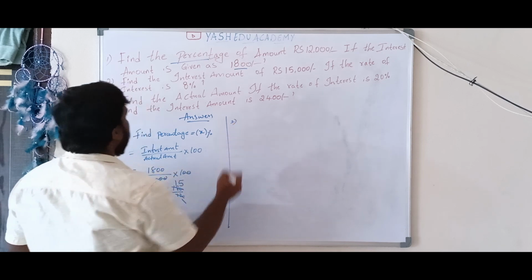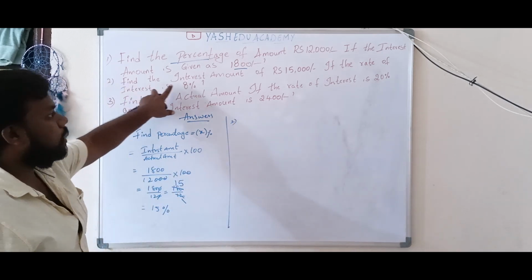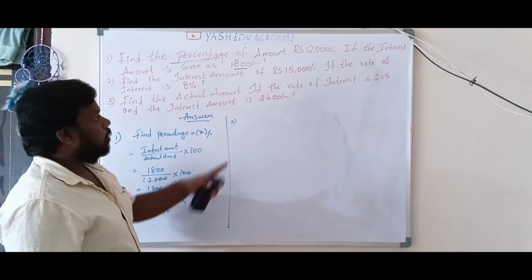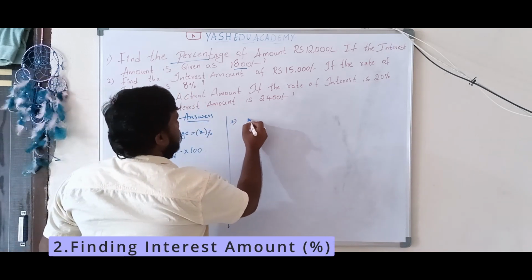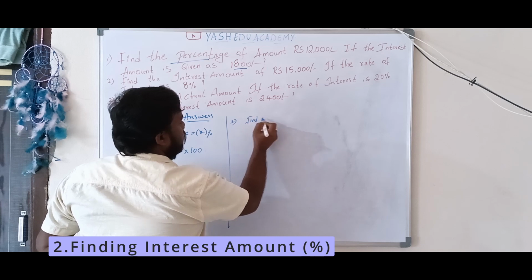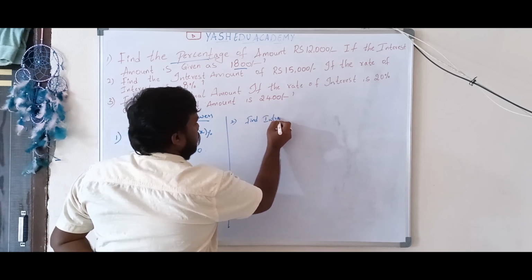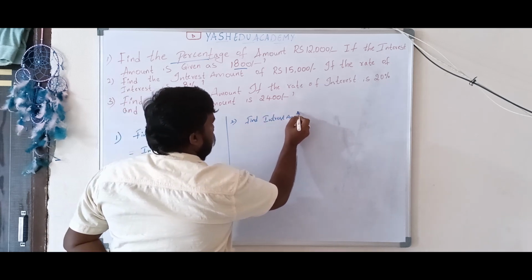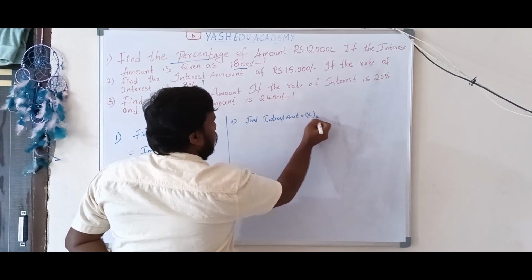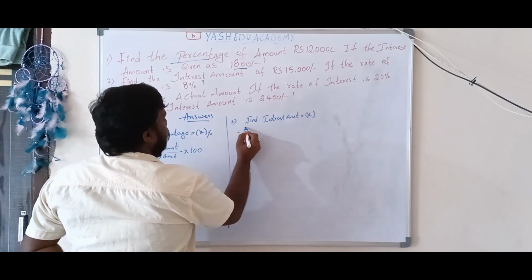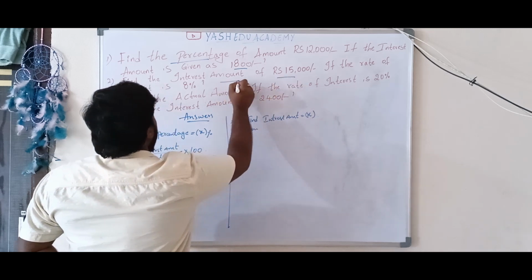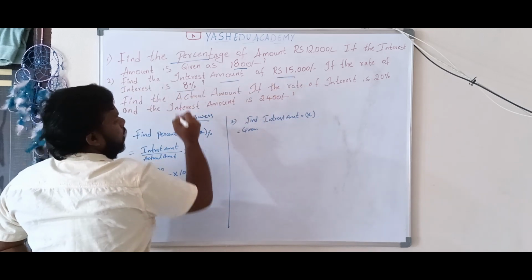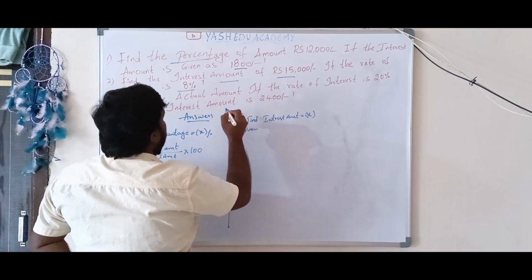Now second question. Find the interest amount of 15,000 if the rate of interest is 8%. We need to find interest amount. Let us assume it as x. So the given is actual amount and the interest percentage is 8%.